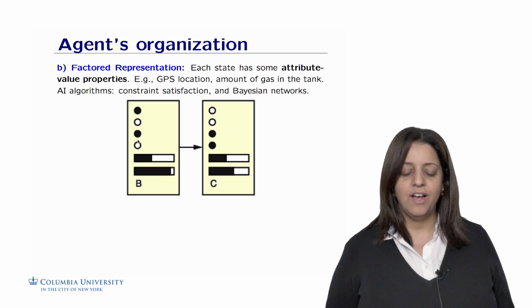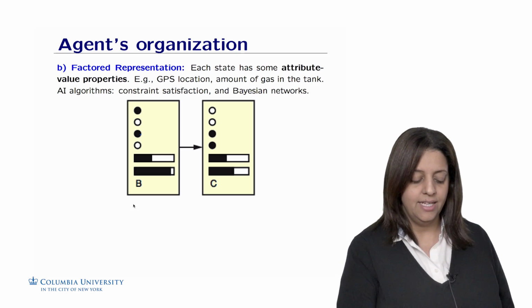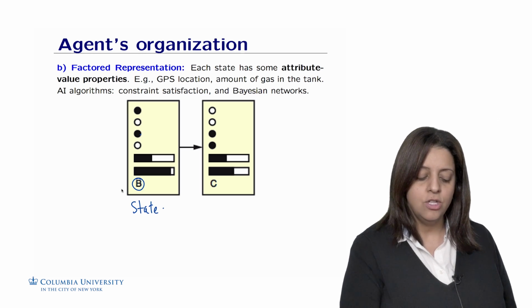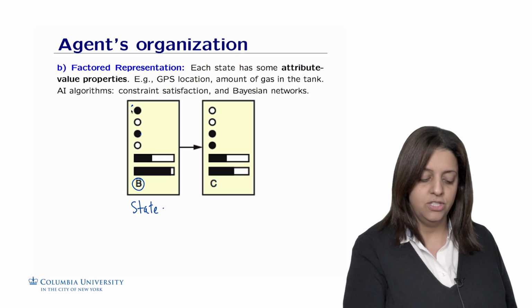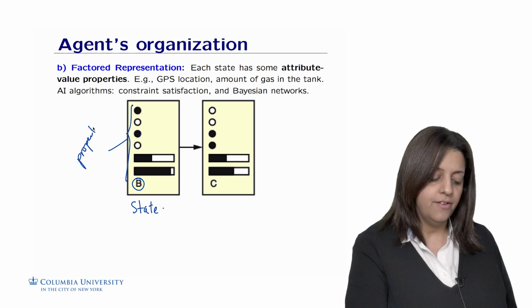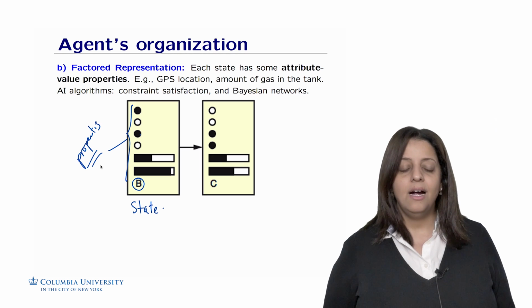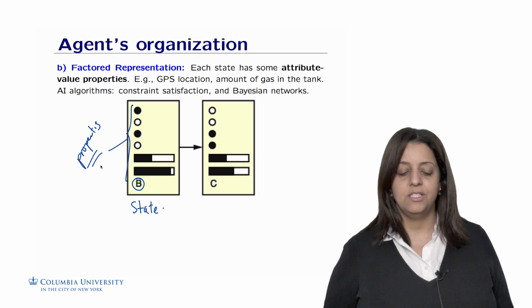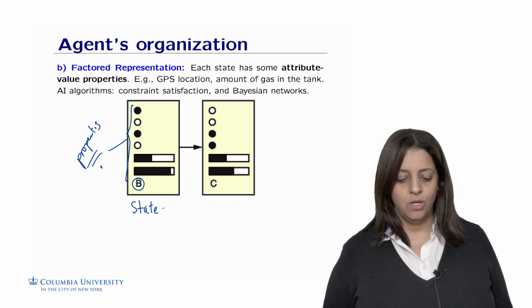So it's attribute-value information that is added to the state. So this is a state, and we know it as not only a black box, but we have information that is actually feature values or attribute-value information. These are properties of the states. Artificial intelligence algorithms that leverage this organization include constraint satisfaction problems and Bayesian networks, to cite a few.